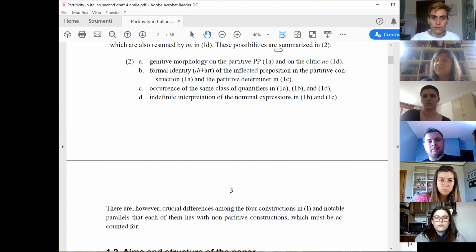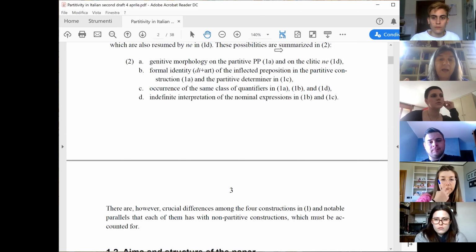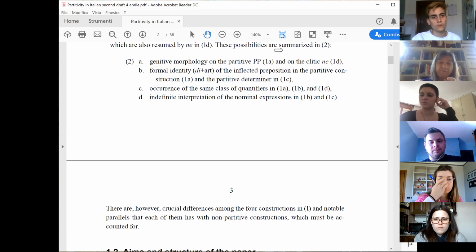Then we have this formal identity of D plus a determiner, which is any definite determiner in 1A, okay? And it's obligatorily the definite determiner in 1C, but notably with no definite interpretation. But then if we think of the other construction, mangiare di questa carne, eat of this meat, that could be the link.